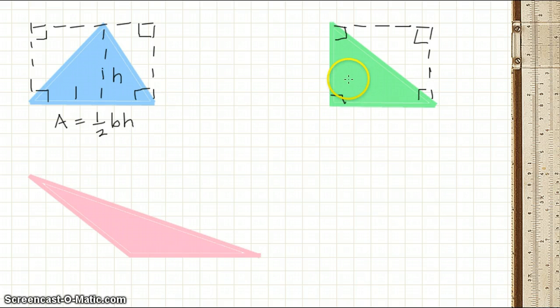Looking at this, we know that this is the height and this is the base. This is probably the most simple one, because we can clearly see that this triangle is definitely half of this rectangle. That is how we find the area of this triangle, which is 1/2 times base times height.